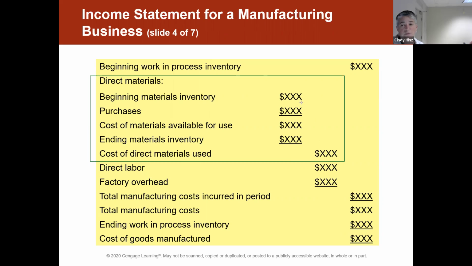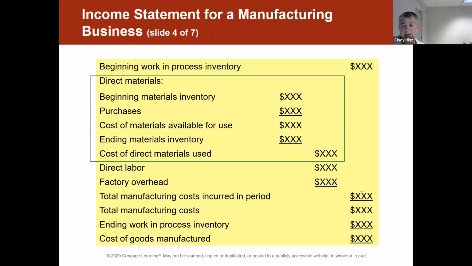We figure out how much we used from direct materials. We then add in direct labor, the other flow coming in from payroll on that diagram. We add in overhead, which is allocated out of that overhead cost pool, the circle up on the top right on that diagram.